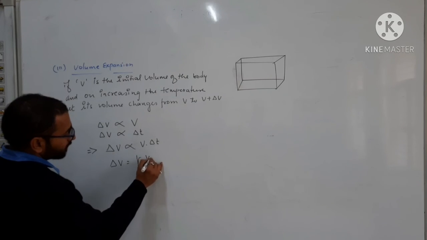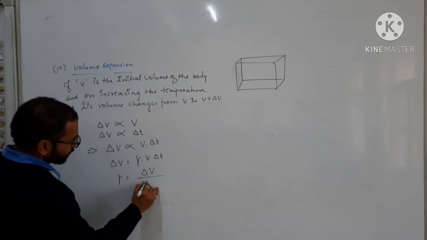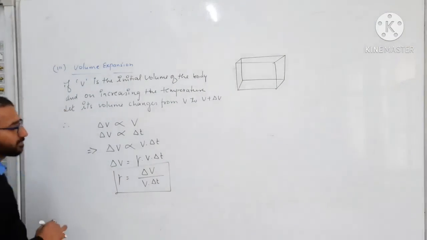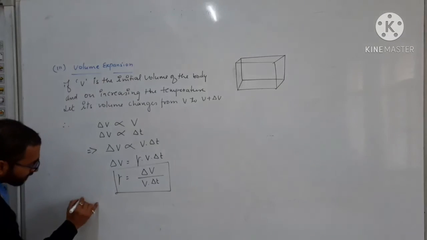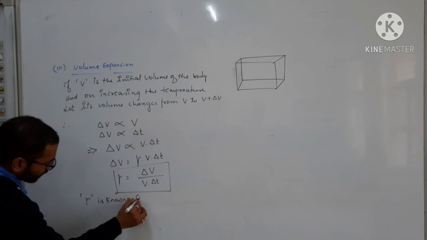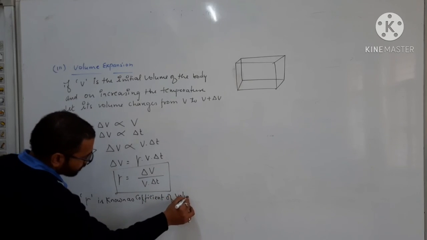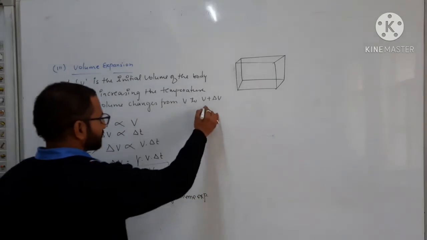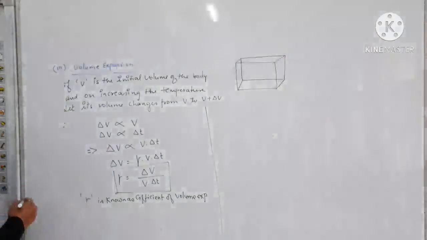So gamma into V into delta T. So gamma is equal to delta V over V into delta T. So this gamma is a proportionality constant known as the coefficient of volume expansion. Point clear?